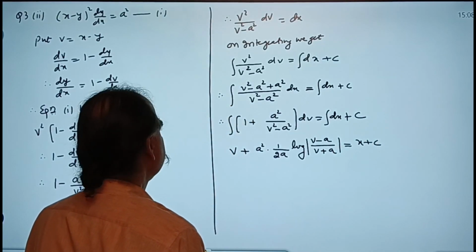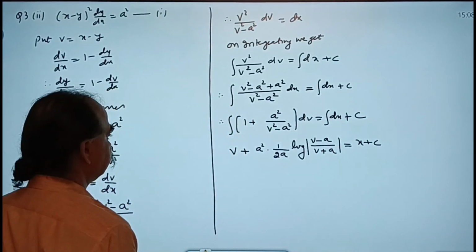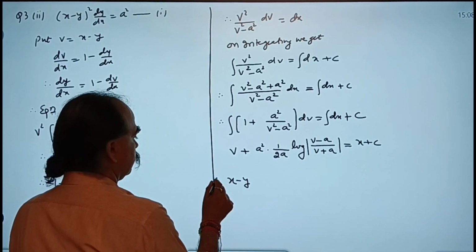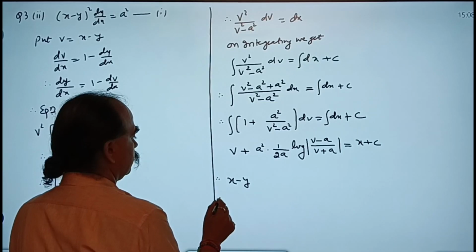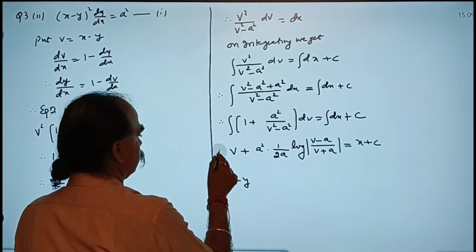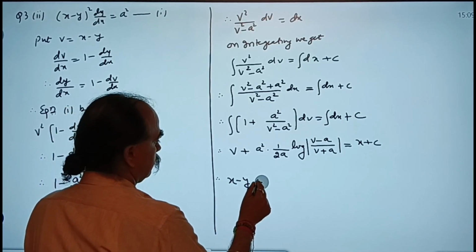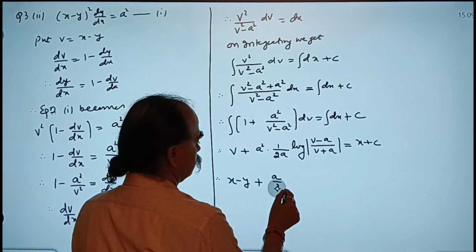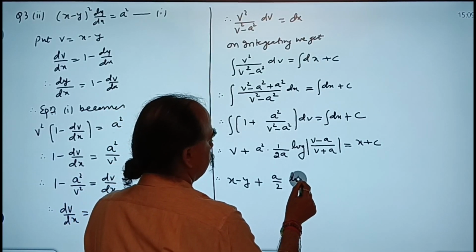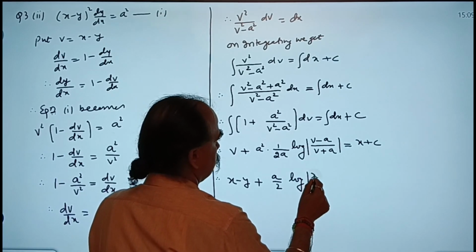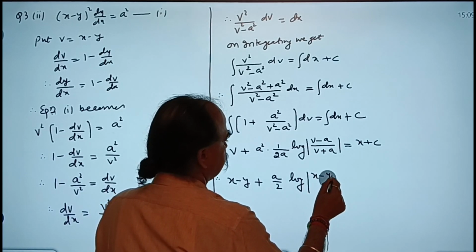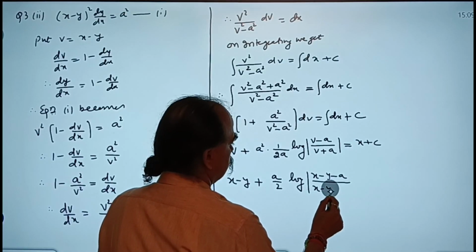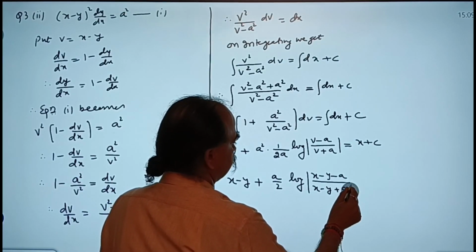Now replace the value of v, x minus y, plus a upon 2 log x minus y minus a upon x minus y plus a.